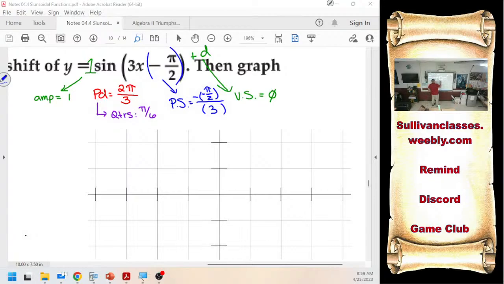So the phase shift, very ironically, is pi over 6. When that happens, I could still start with 0 in the middle of the graph. But I'd have to understand that I would start my sine over at pi over 6. I'm going to show both.